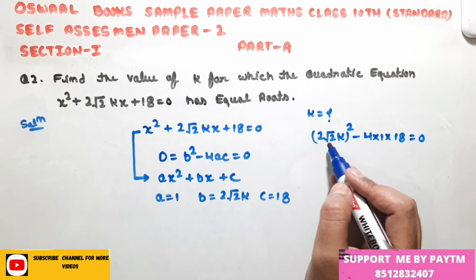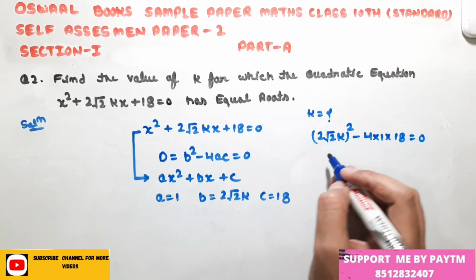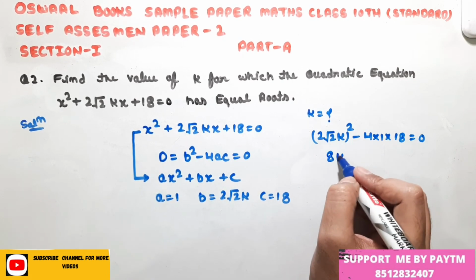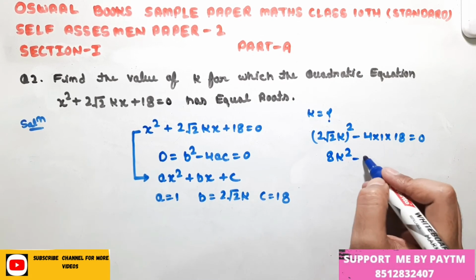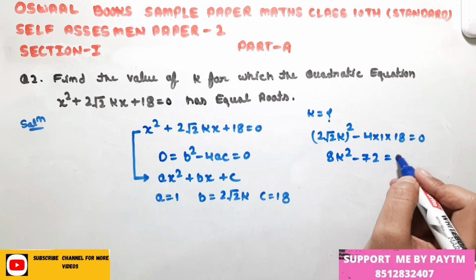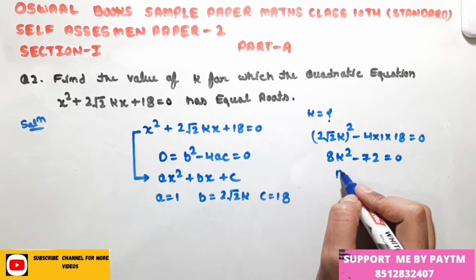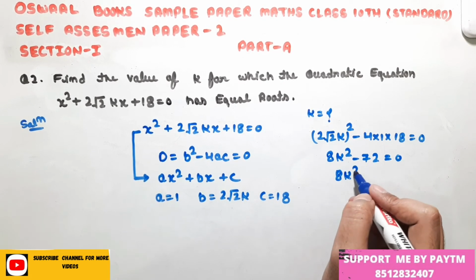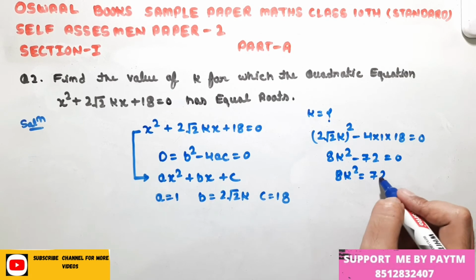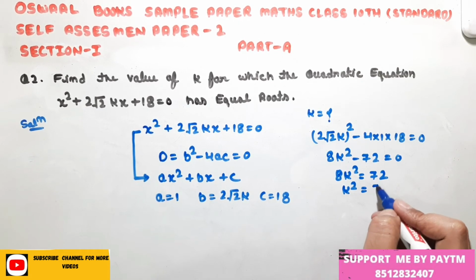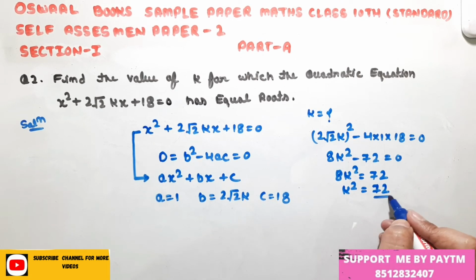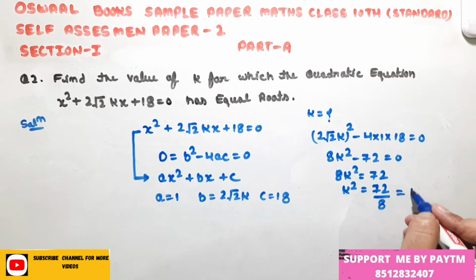So 2 root 2 k whole square will be equal to 8k square, and 18 4s are 72, equals to 0. So 8k square will be equal to 72. So from here k square will be equal to 72 upon 8, that is equal to 9.